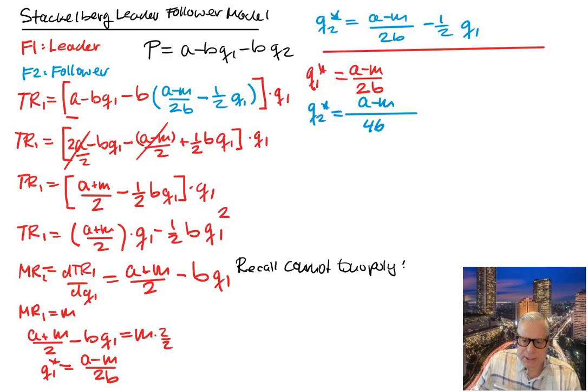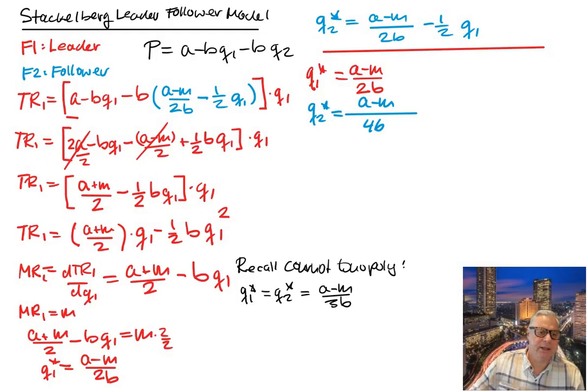Here we said q1 star equaled q2 star, and that we calculated as a minus m over 3b.